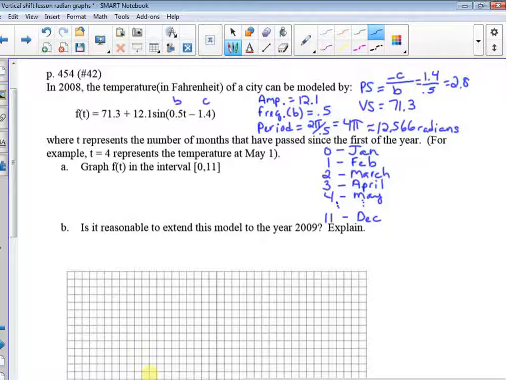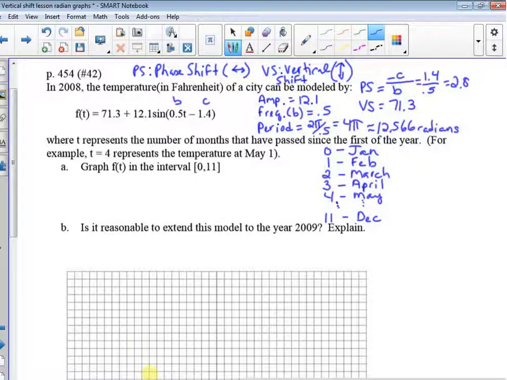Okay, a couple of things. PS is phase shift, and that's your movement left and right. And then VS is vertical shift, and that's your movement up and down. Okay, so now we can also find our middle line and our max.